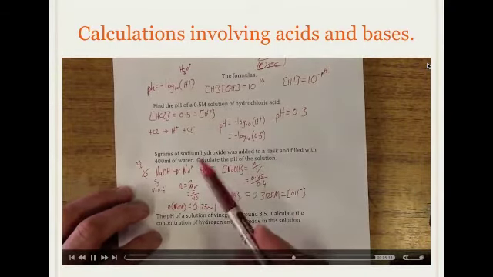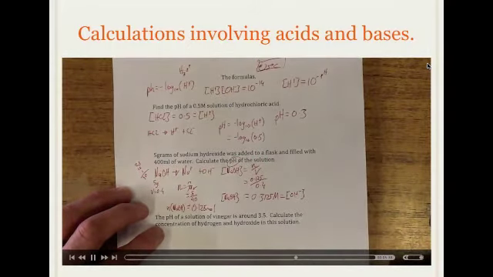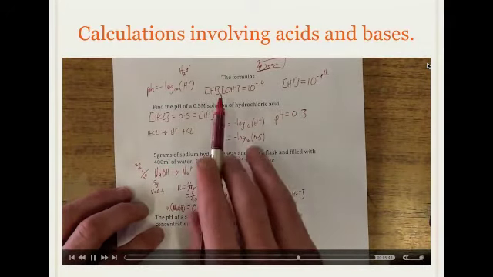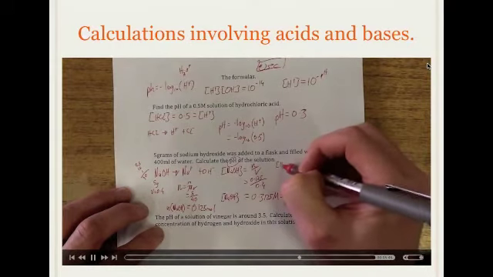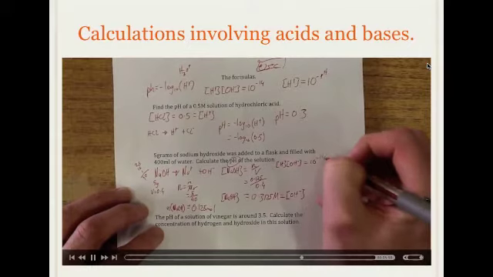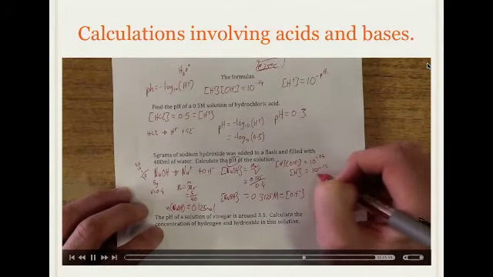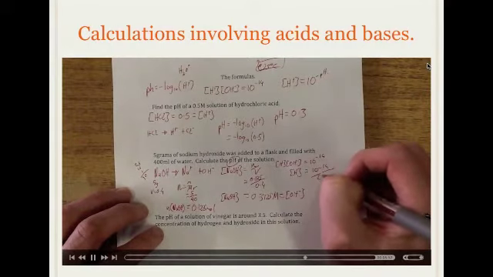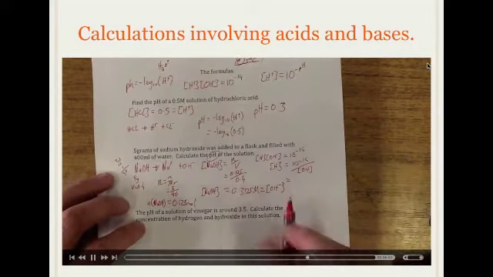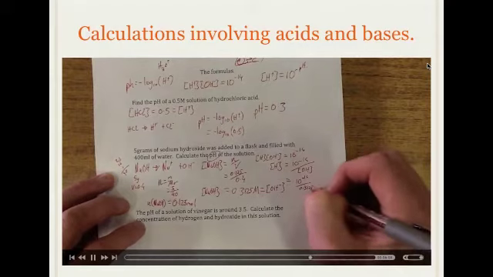I'm looking for pH, so I need to find my hydrogen ions, because remember my equation dealt with hydrogen. I use my ion product rule for this. Concentration of hydrogen times the concentration of hydroxide equals 10 to the negative 14. So therefore my concentration of hydrogen equals 10 to the negative 14 divided by the concentration of hydroxide.